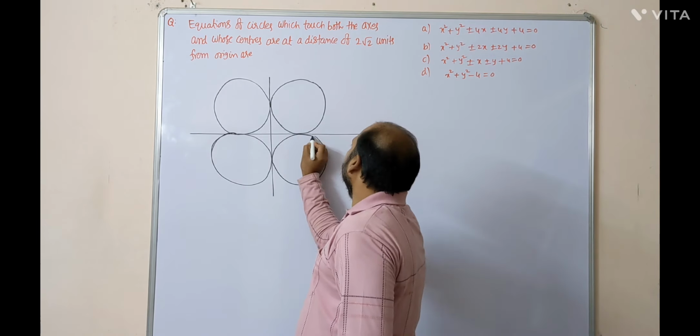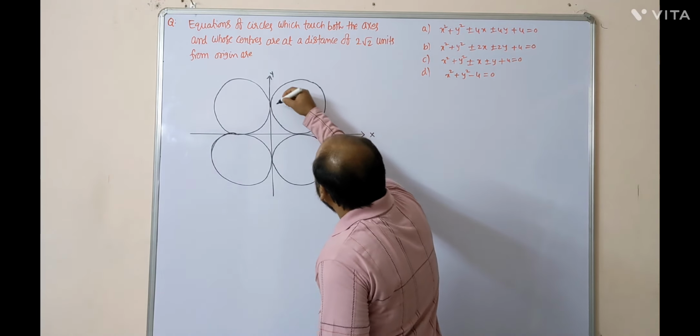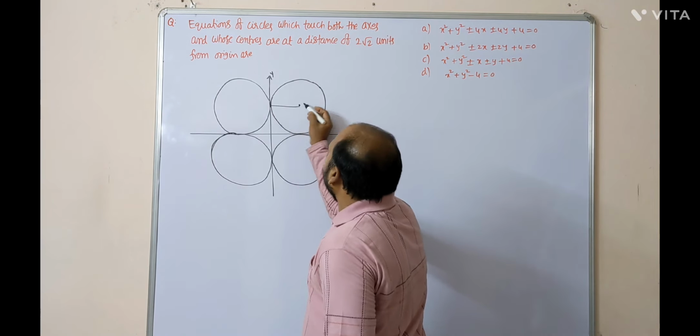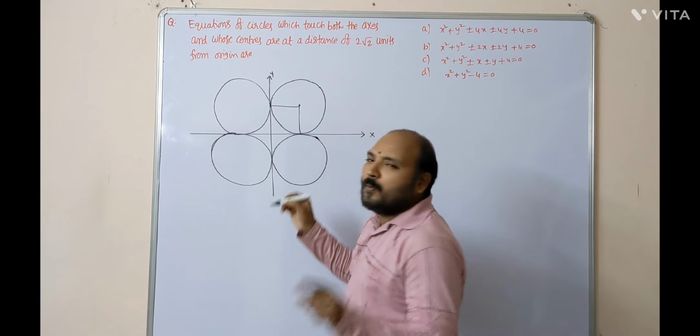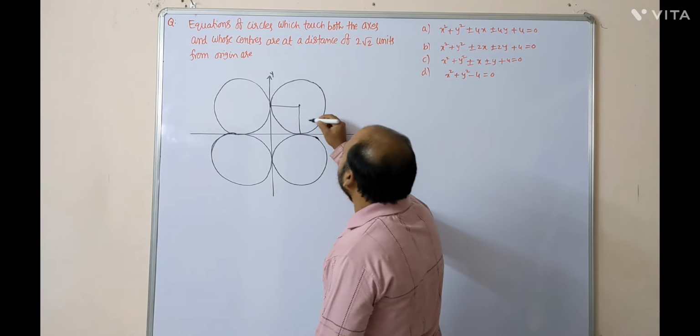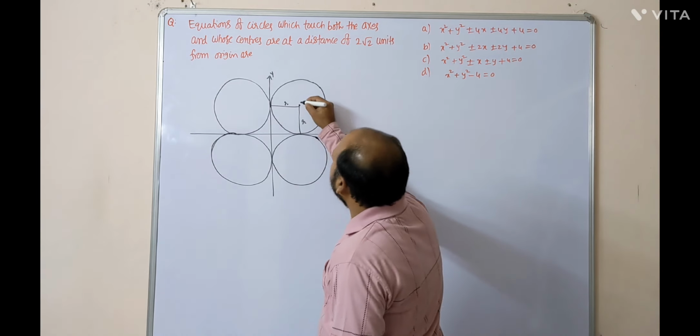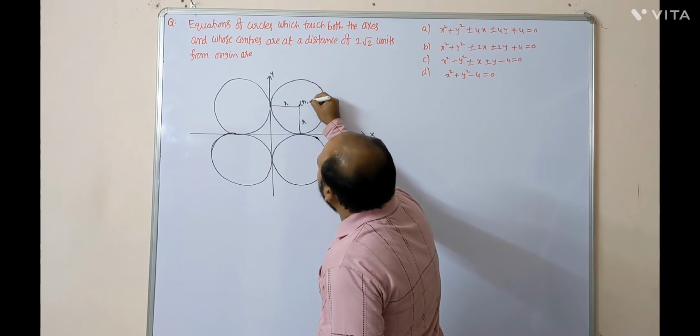Whenever the circle touches x-axis and y-axis, this is the center of the circle, no? From here to here distance is obviously radius. Am I right? I am taking here r comma r in the coordinate system.